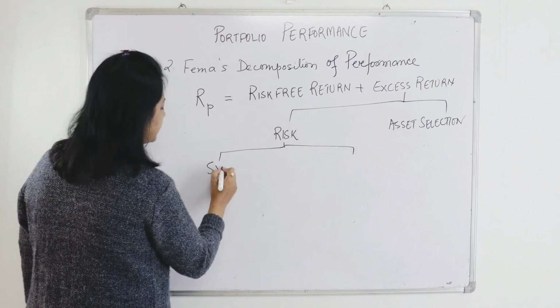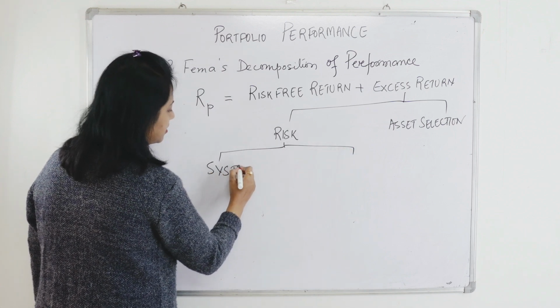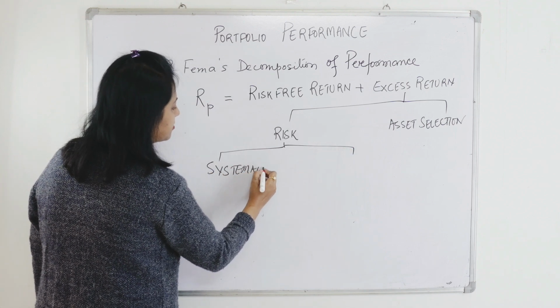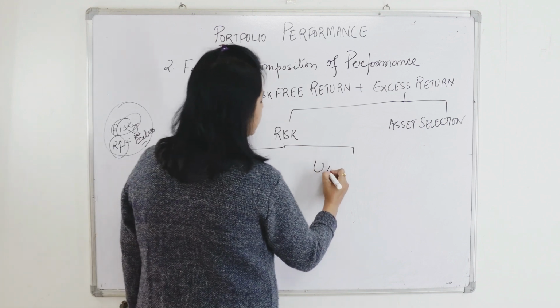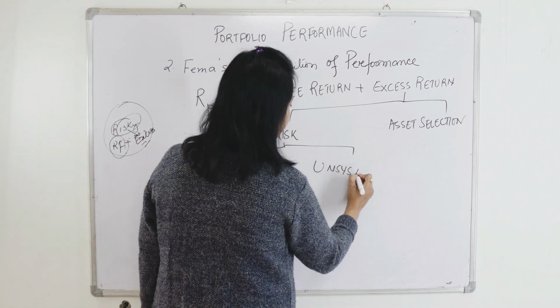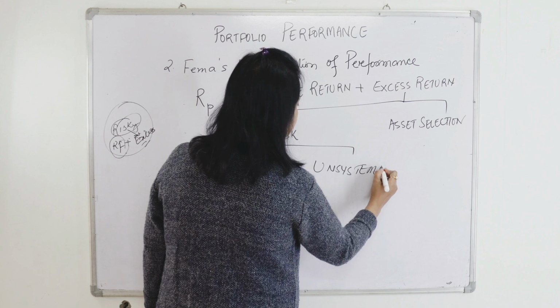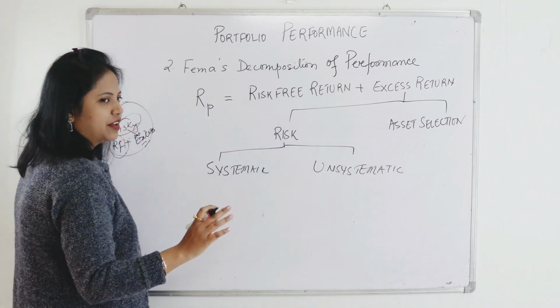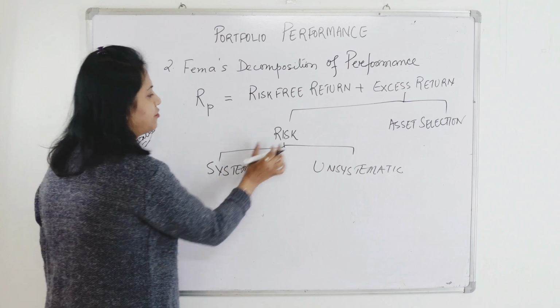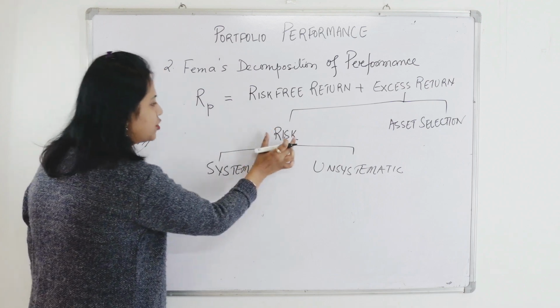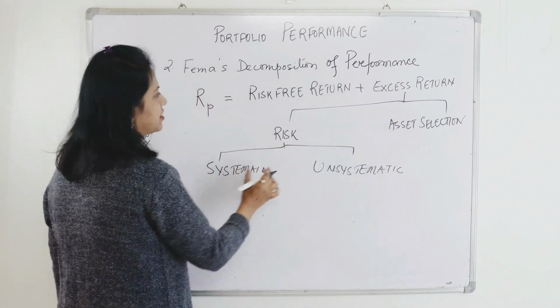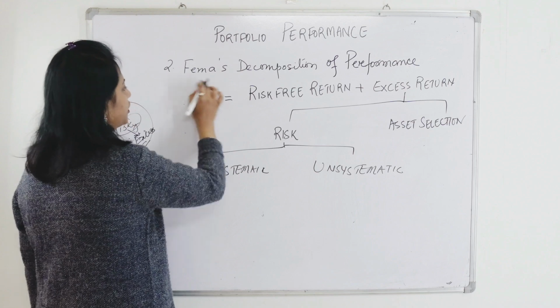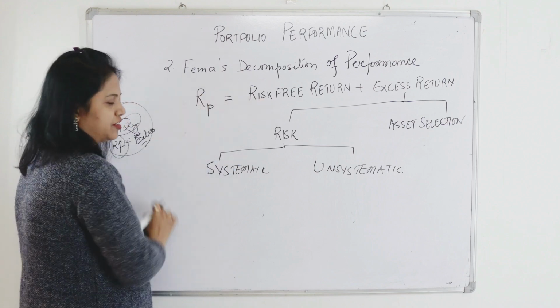Okay. So now you know that risk has two parts. One is the systematic risk, and the other one is the unsystematic risk. Systematic risk is that risk which is non-diversifiable. You cannot diversify it, and therefore there is always a risk, and since you have taken the risk, you are getting an excess return, and that's why your portfolio return is something more than the risk-free return.